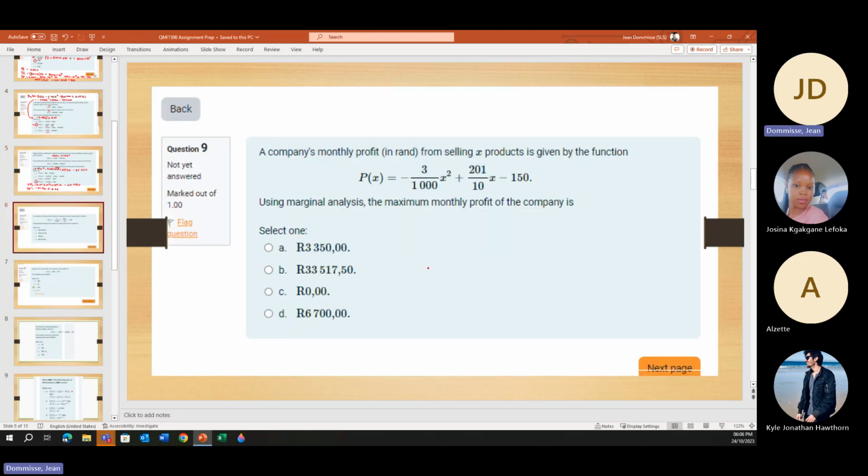Getting better. Okay, now the company's monthly profit in rand from selling X products is given by this. Using marginal analysis, the maximum monthly profit of a company is. Okay, maximum. What I would have looked at this and said, we can do it two ways.